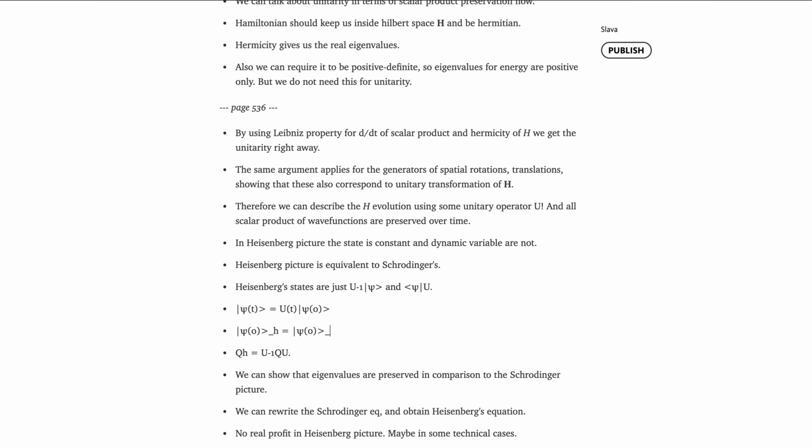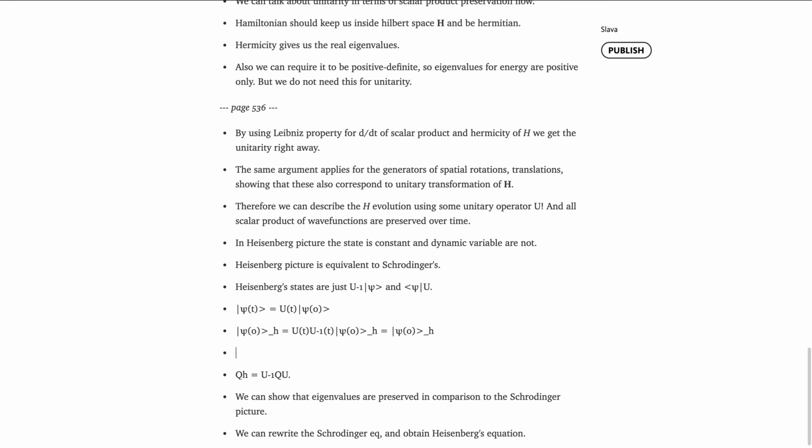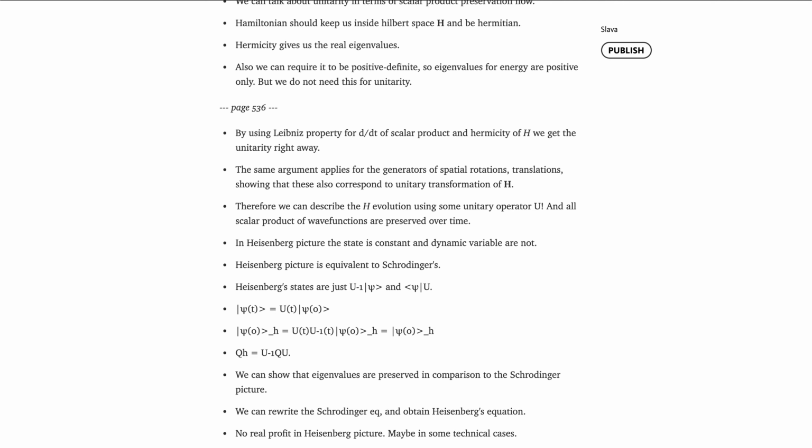That means you need to compensate for the unitary evolution, and to compensate you need U minus 1 to be used here, and that compensation will guarantee that your state will be the same in that new Heisenberg picture. So psi of 0 in the Schrodinger picture became a compensating one with U minus 1 in front in the Heisenberg picture. I see. Okay, thank you.